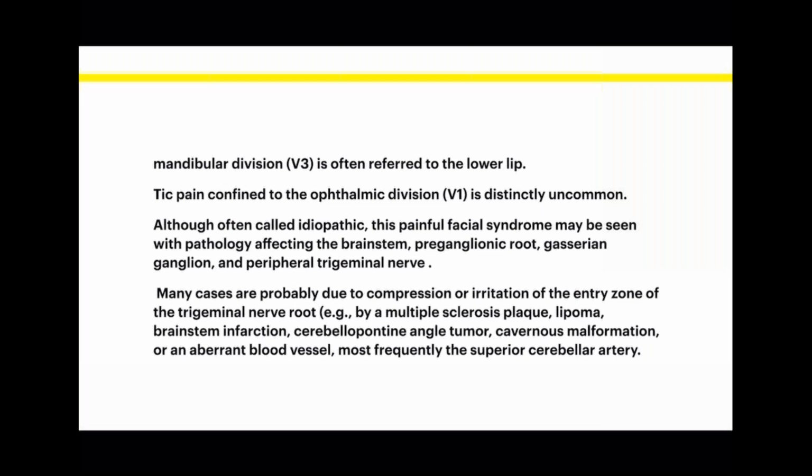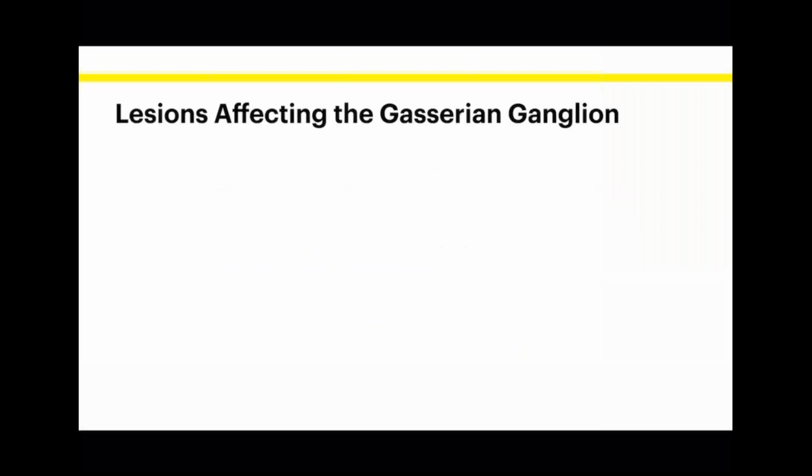Any lesion affecting the brainstem, the root, the ganglion, or the peripheral trigeminal nerve, through irritation or demyelination, can cause trigeminal neuralgia. Very frequently reported are the superior cerebellar artery, and also aneurysm or compression. So just remember to look for other causes before calling it idiopathic.